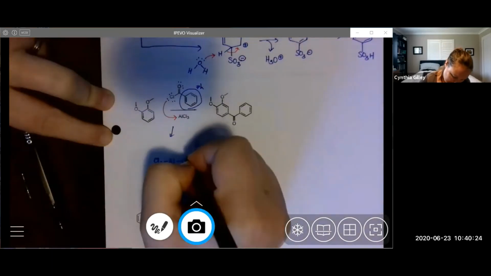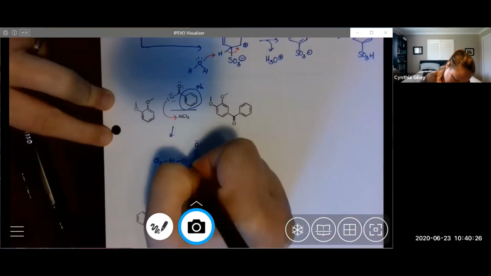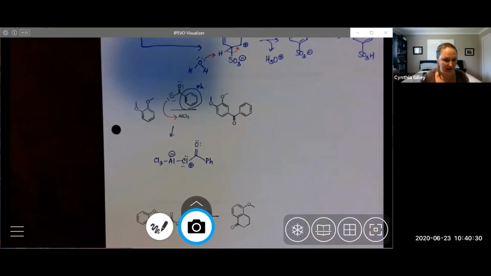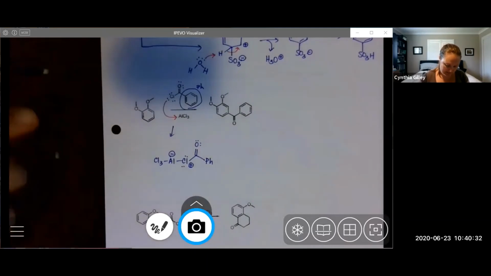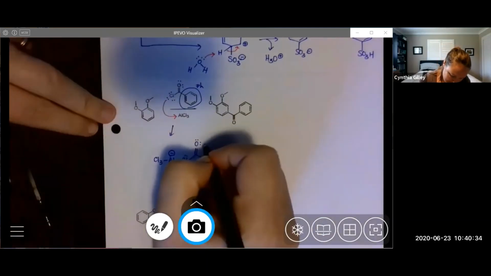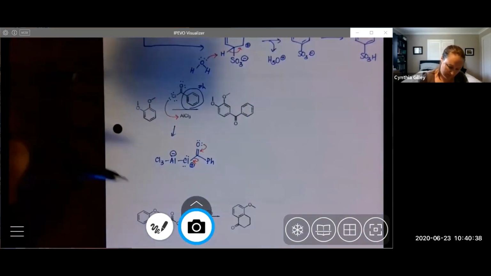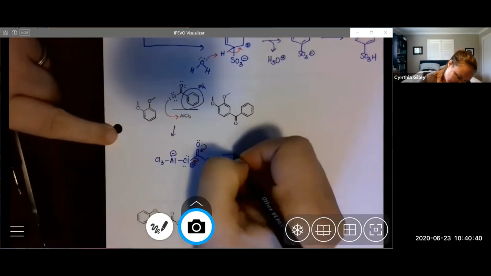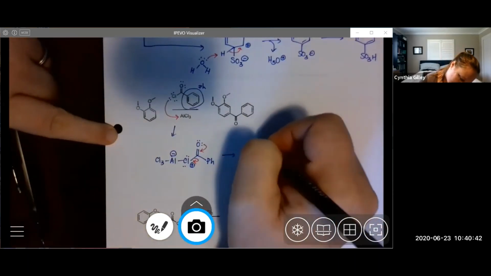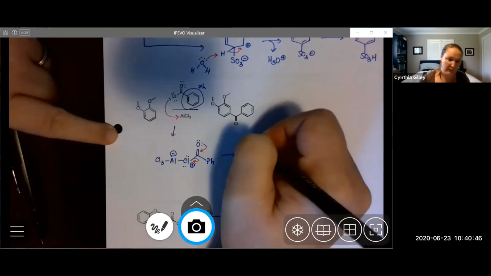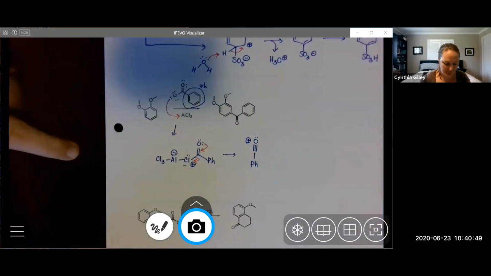Add in some lone pairs, charges. So that's our Lewis acid-base complex. We know that that breaks down with the loss of the leaving group to form the acylium ion, which is the active electrophile.